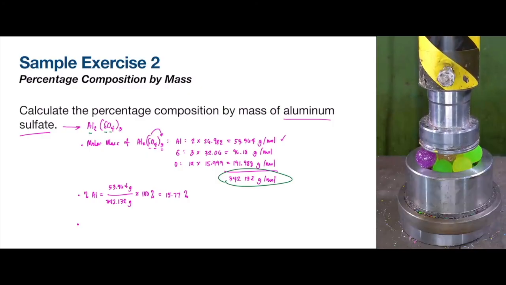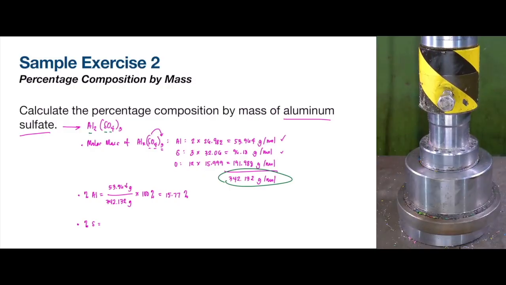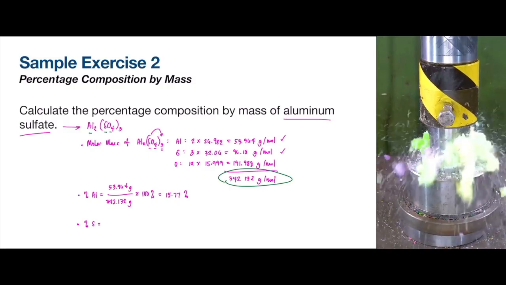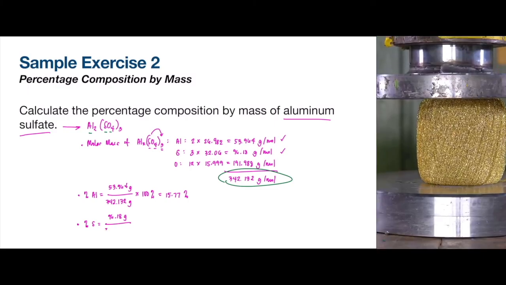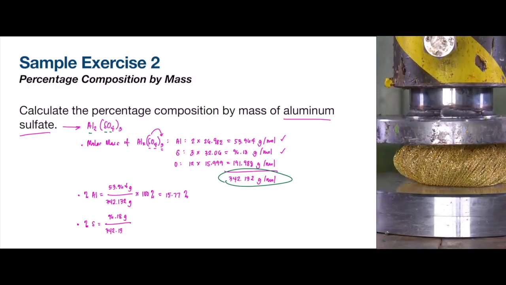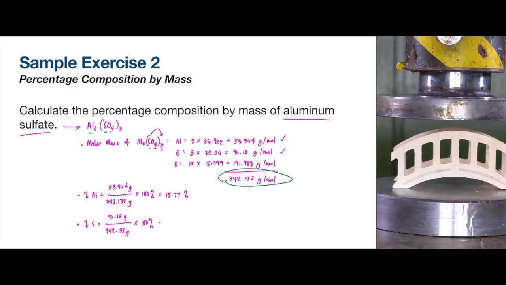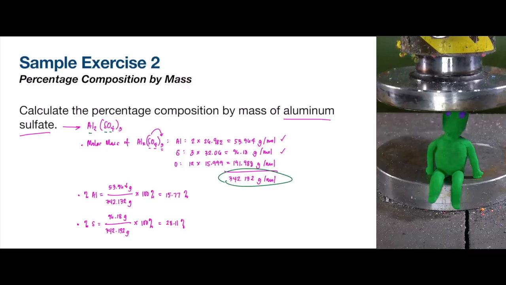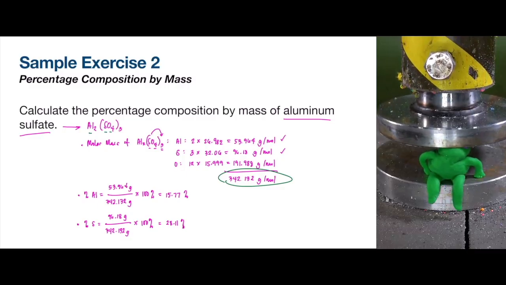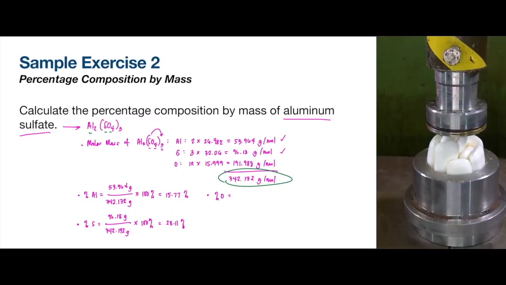Next, let's continue with percent sulfur. So the parts of sulfur is 96.18. So 96.18 grams divided by 342.132 grams times 100% equals 28.11%.